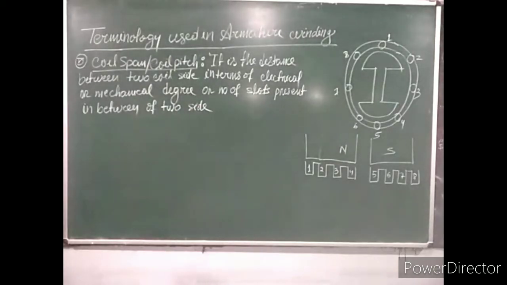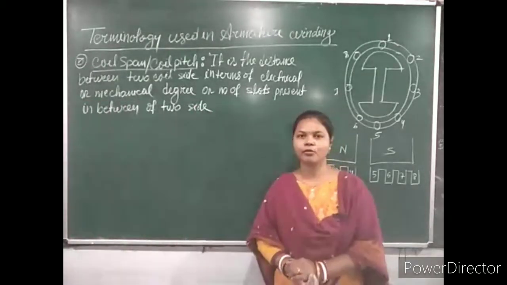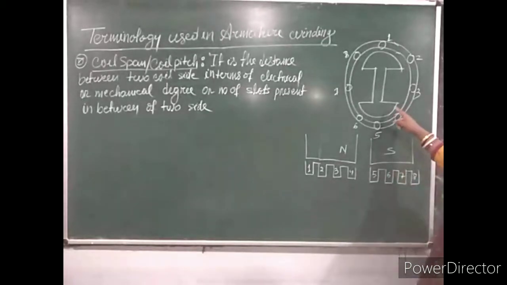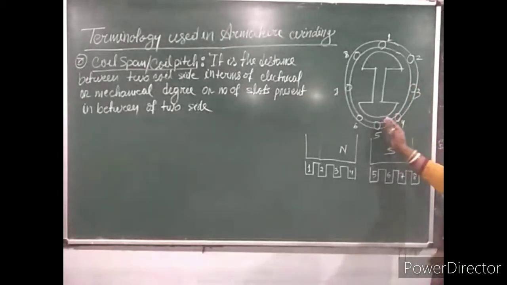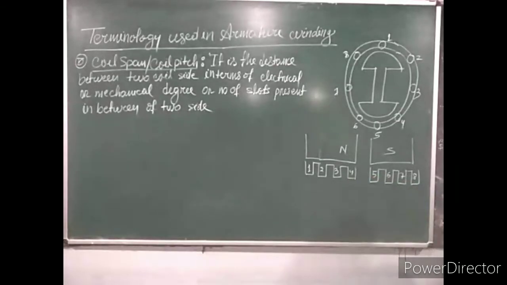Let us take the example of a salient pole synchronous machine which has 2 poles and 8 slots. Here I just cut it, expand it and draw the diagram.